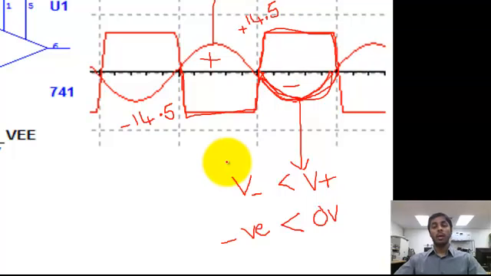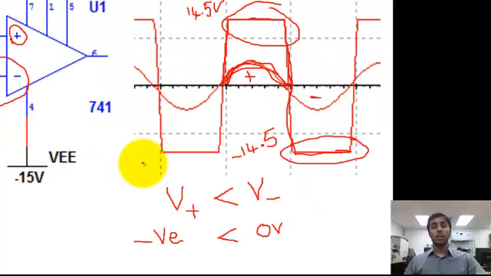If we compare, in this case this is an inverting comparator because the phase difference between the input and output signals is 180 degrees. In the previous circuit the phase difference is 0 degrees because the input and output signals start at the same point.